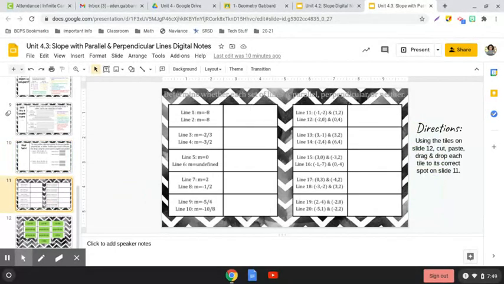For your next activity, you're going to determine whether each set of lines is parallel, perpendicular, or neither. Some of these give you the slope. Some of them give you the points, and you're going to have to find the slope of each line and then decide whether they're parallel, perpendicular, or neither.